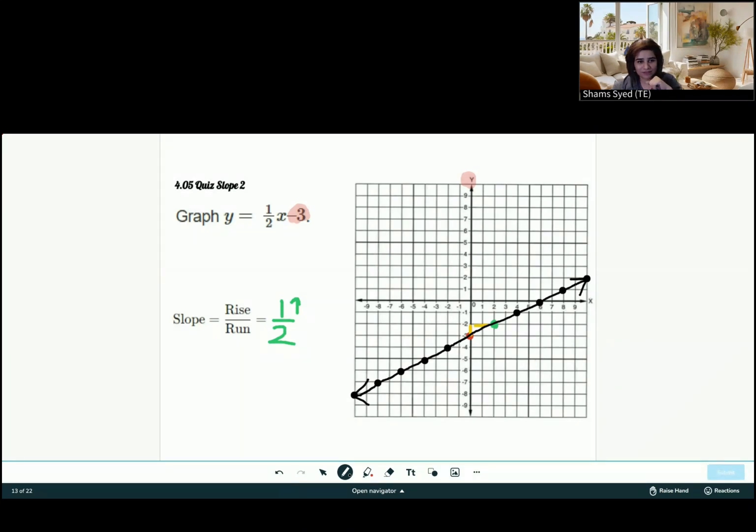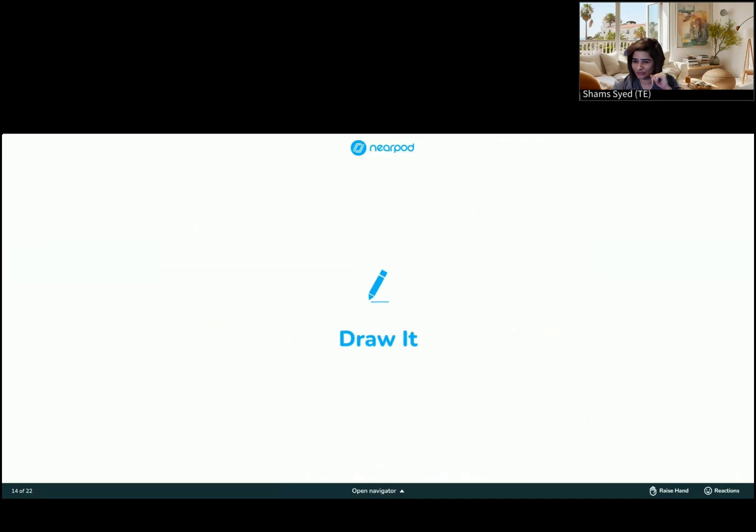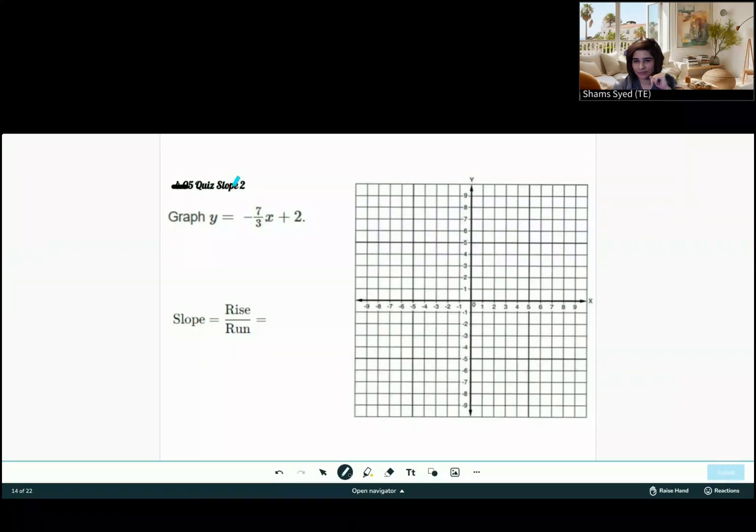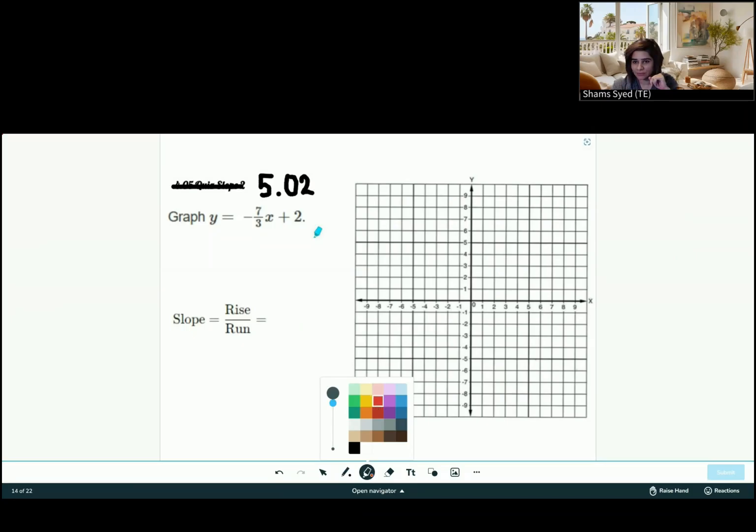Okay. Here is the final question, question 3, quiz 5.02. Where do we start? The red one is the y-intercept.